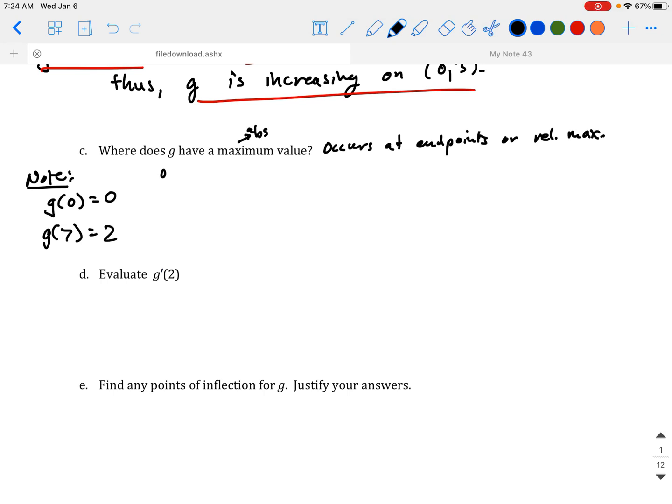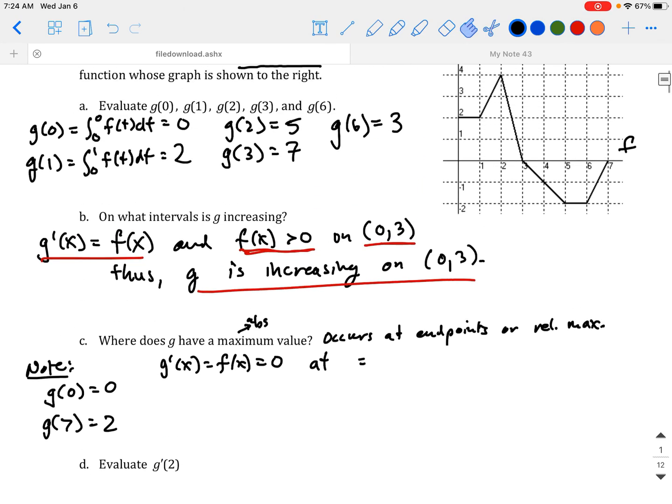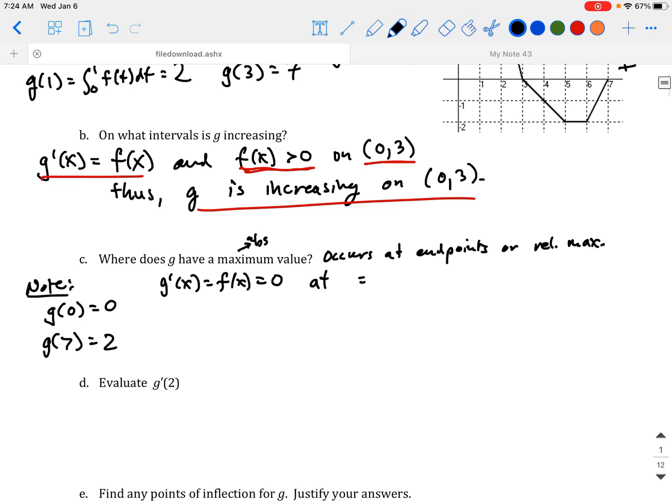So now we need to find where g prime of x equals 0, which is pretty easy to see that that occurs at x equals 3. And note it has to be within the subinterval, can't be at the endpoints or it's kind of redundant.